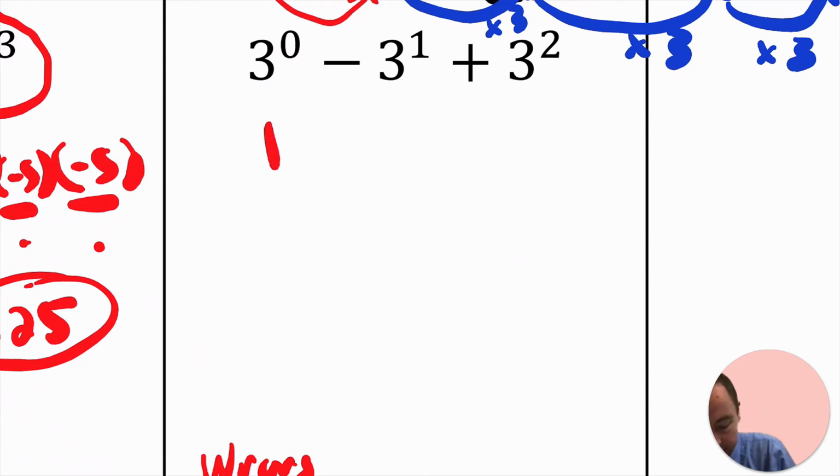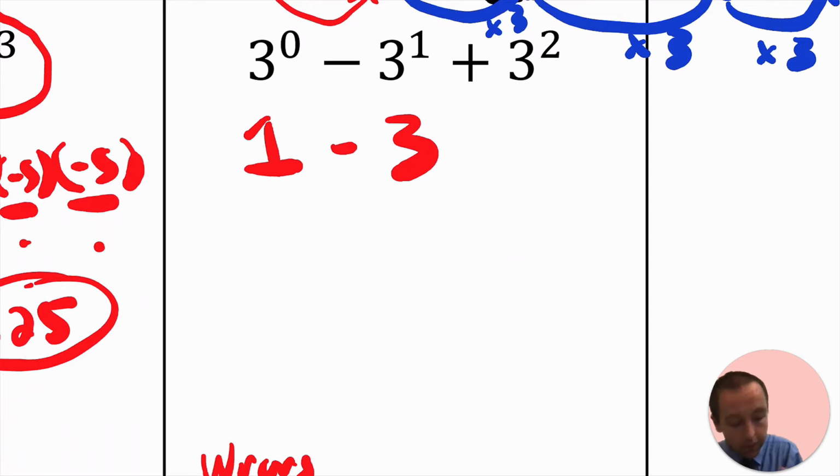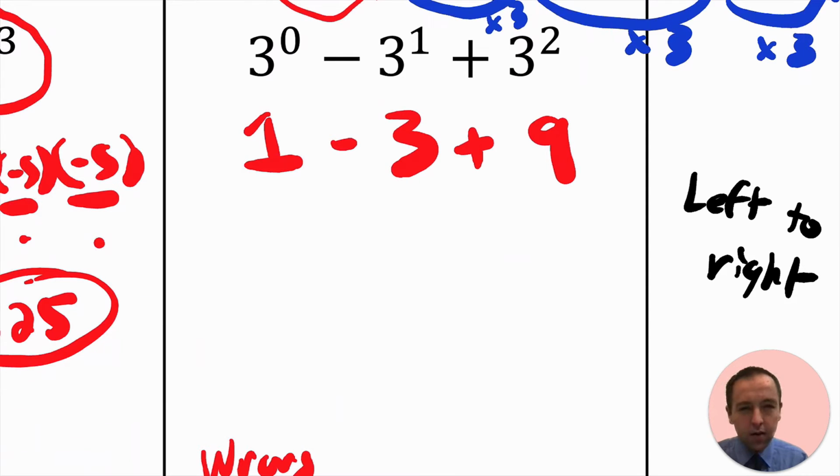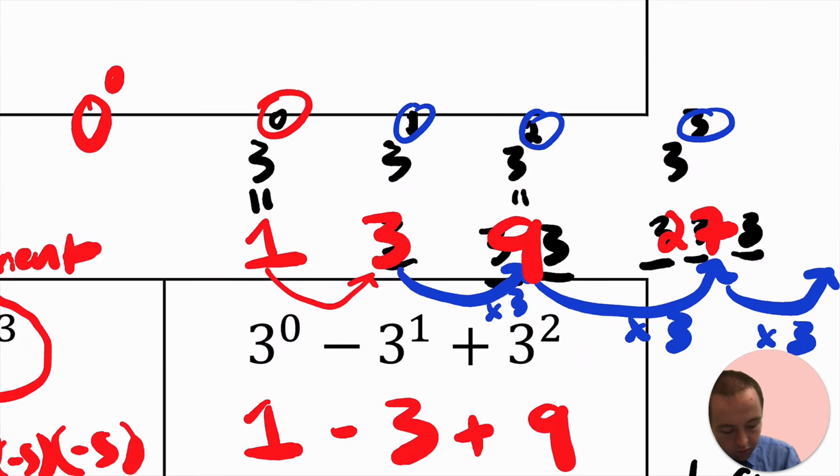So what that means then is now we've got basically just 1, because that's 3 to the 0, minus 3, because anything to the first power is going to be the same number, and then plus 3 squared, which is 9. Now we're going to talk about this in a little bit: if you've got a series of adding and subtracting, you have to go from left to right as you perform these operations.